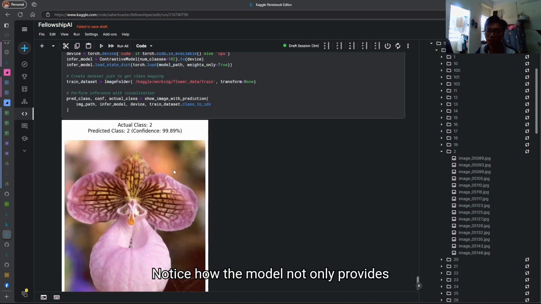Notice how the model not only provides the classification, but also a confidence score for its prediction. The test time augmentation helps reduce the prediction variance and improve the reliability of the results.